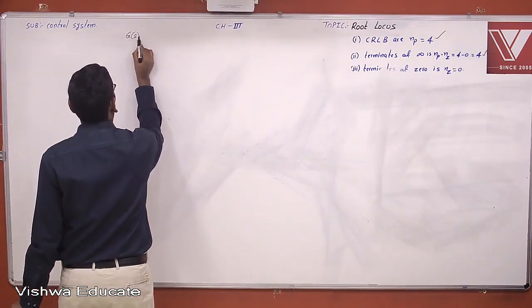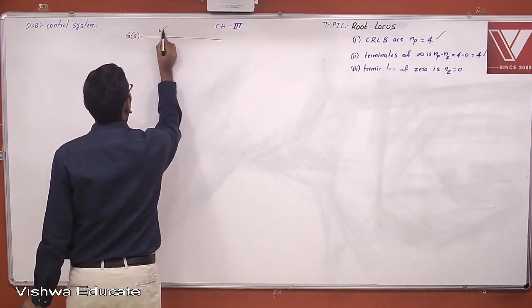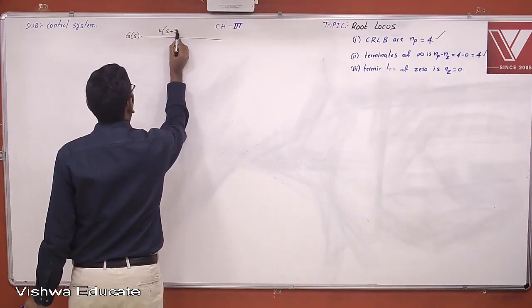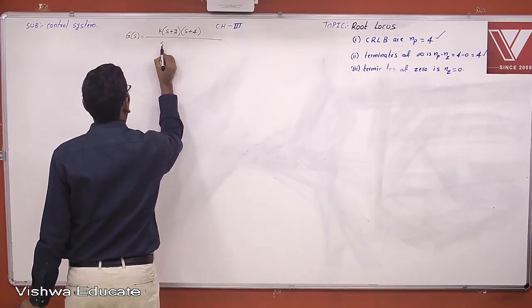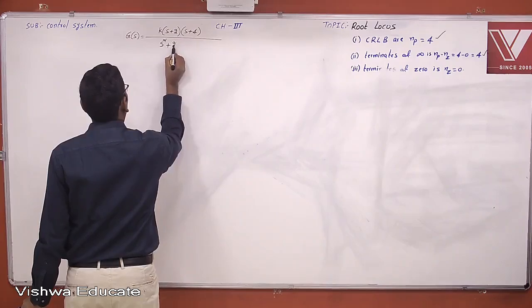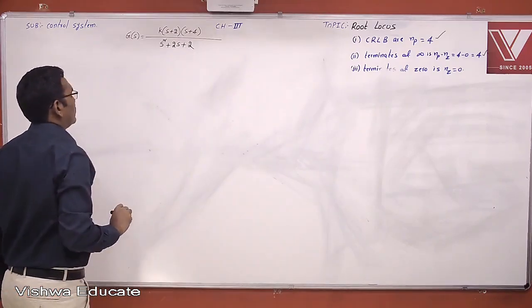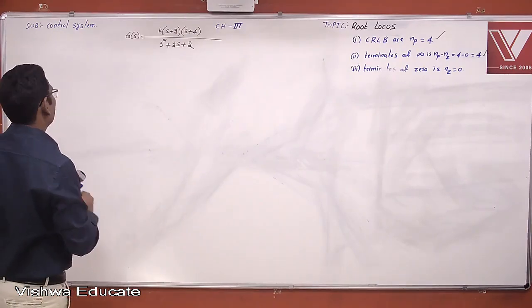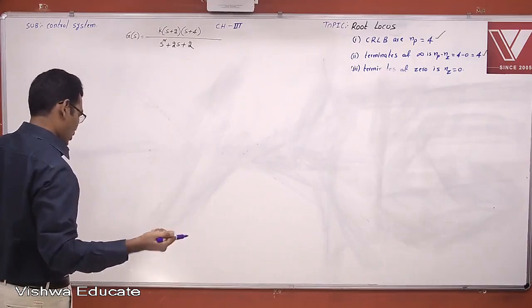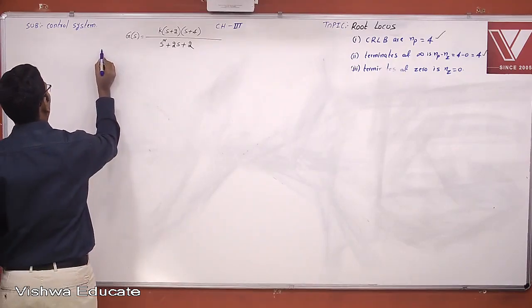Now G(s) = K(s+2)(s+4)/(s^2+2s+2). Now the poles' location. First locate the poles.